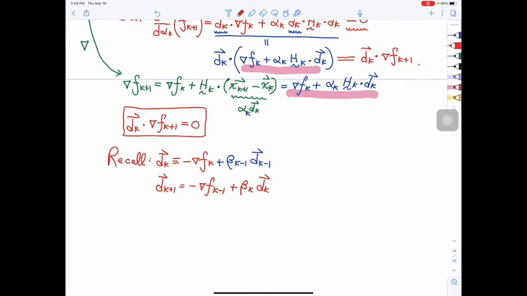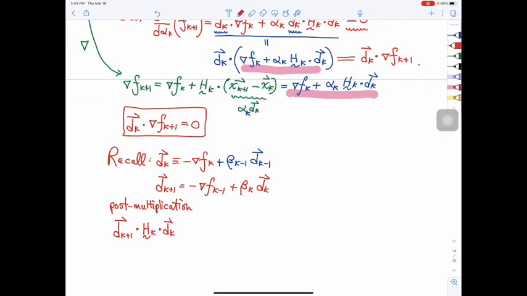Now we are going to do a post multiplication. Of what? Let's see. We do this, and we do a dk here, and another dk here.